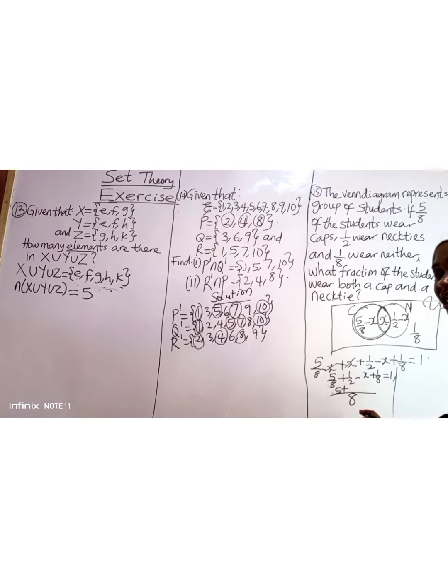Plus 2 in 8, 4. 4 multiplied by 1, 4. Minus this one over 1. 1 in 8, 8. 8 multiplied by X gives me minus 8X. 8 in 8, 1. 1 multiplied by 1, 1 is equal to 1. So from here we have 5 plus 4, 9, plus 1, 10. So that is 10, then minus 8x.